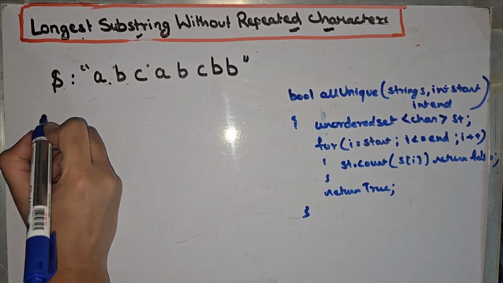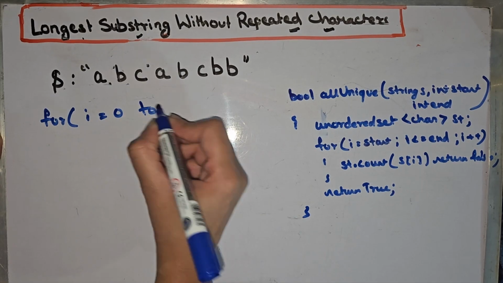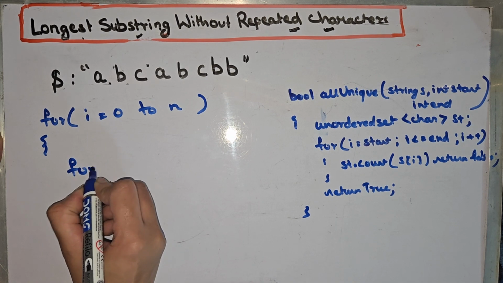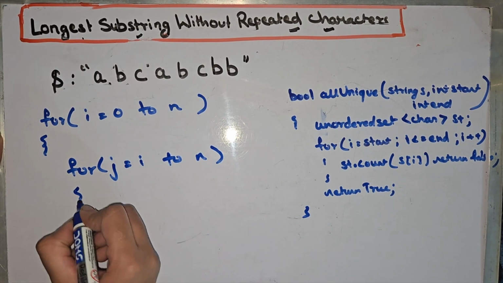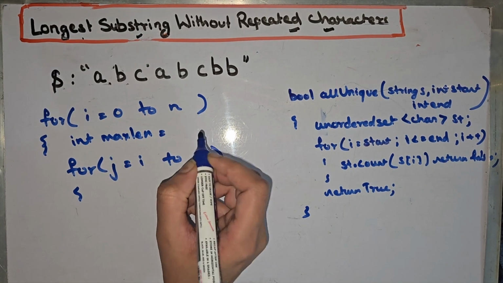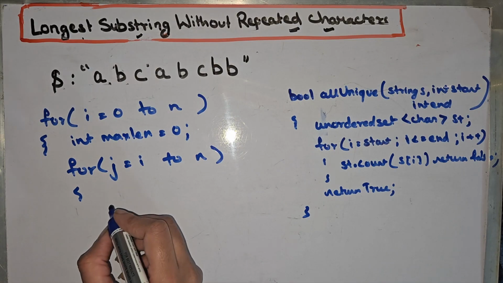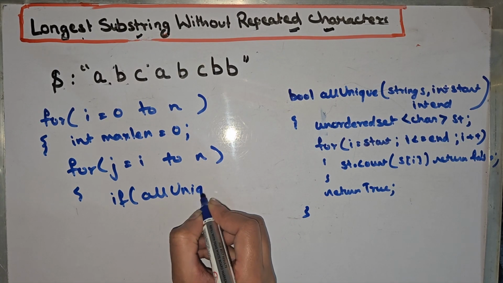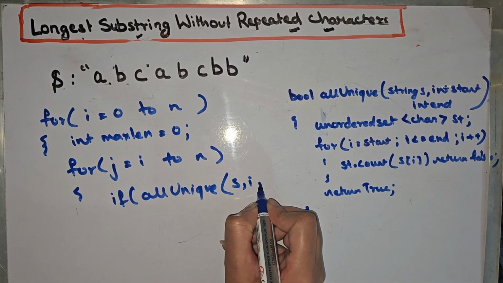So for having all possible substrings, we will have a loop from i equals 0 to the length of this particular string, and we will have an inner loop from j equals i to the length of this string, and we will have a variable max length to keep track of the maximum, and initially it has value 0. Now what we will do is we will check if all unique, if the elements are unique in string S from i to j.